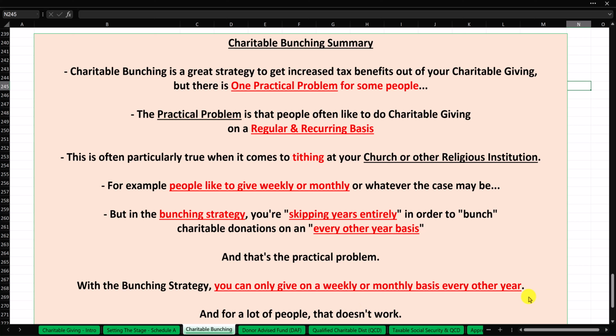So just for example, let's say you were doing weekly tithing. Well, what you could do for a bunching strategy is every week you could tithe 2 weeks worth of giving. And you could do that for an entire year, so you've effectively tithed 2 years worth of contributions within a 1 year period. But then of course you'd still have to skip the entire next year.